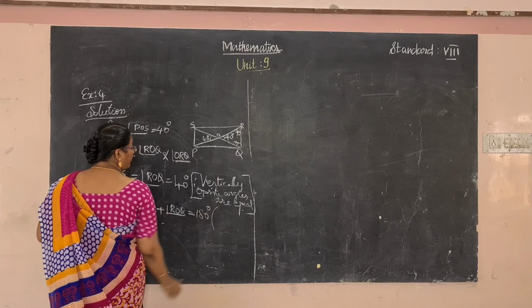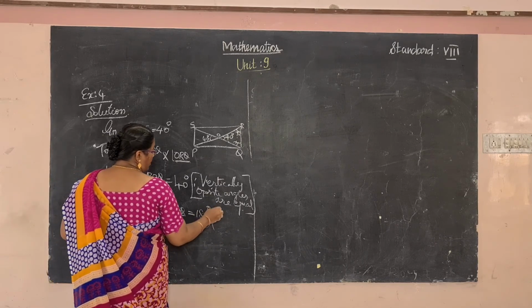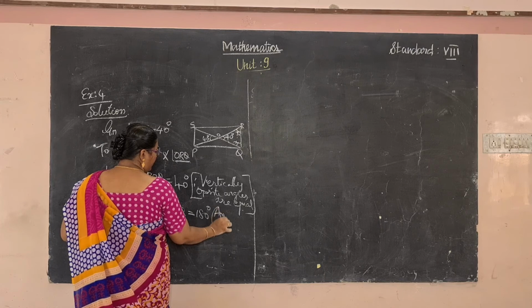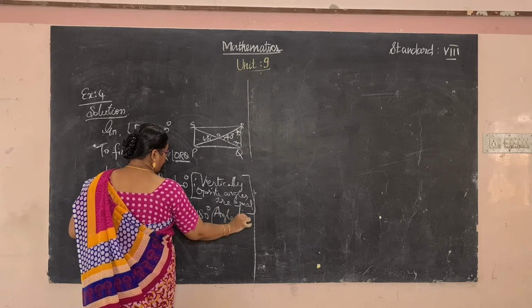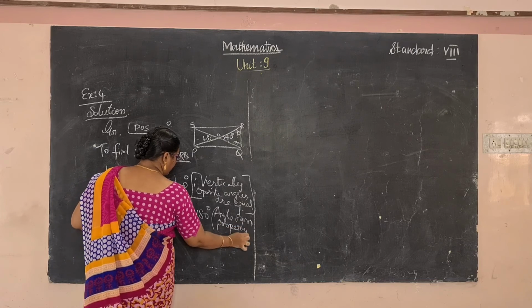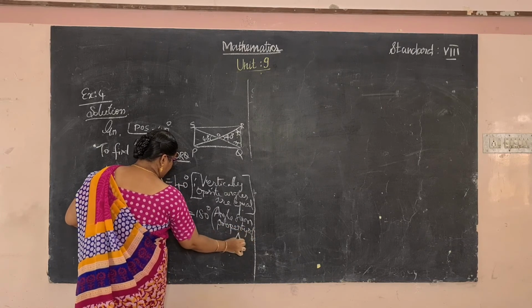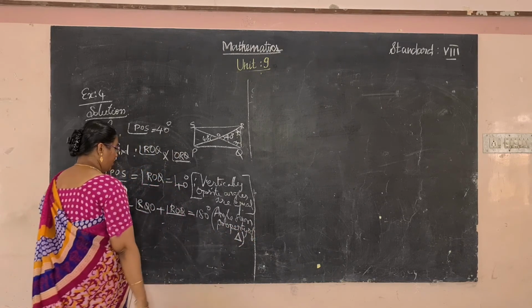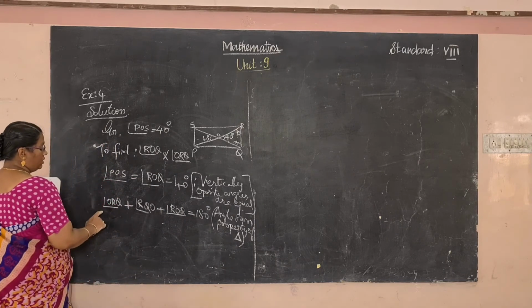Here write angle sum property of triangle.